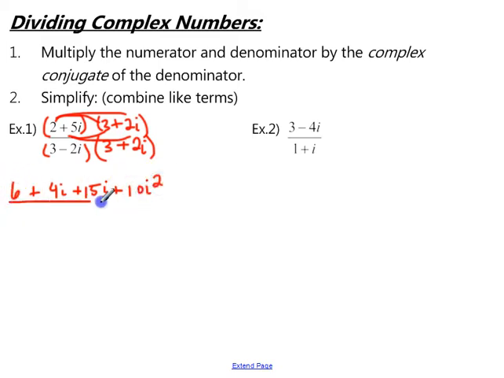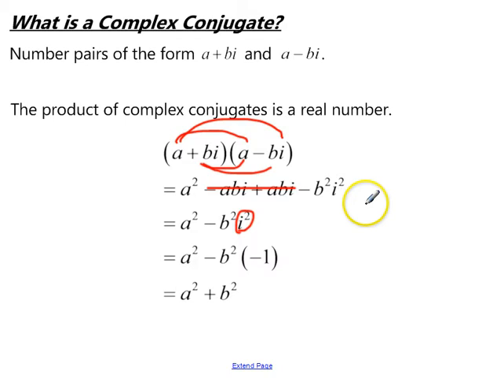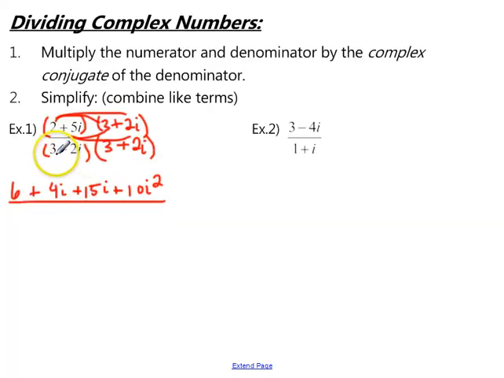And then on the bottom, remember, if you flash back to what we wrote before, if you have the conjugates, what's actually going to happen is you get a squared plus b squared. So we're going to go ahead and jump to that. So this is our a squared plus b squared. So not the i part, b squared, okay?